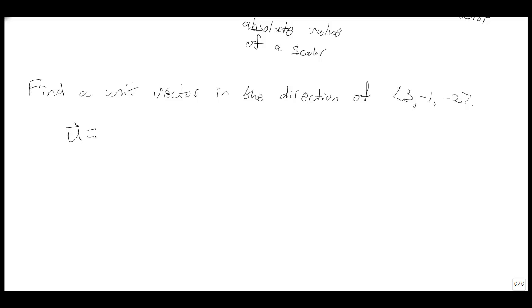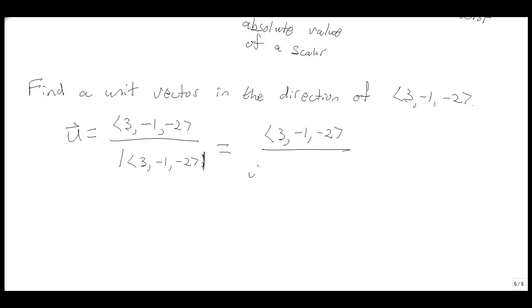I'm going to take my original vector, which I can think of as a v, though I really need to name it. I'm going to take my vector 3, negative 1, negative 2 and divide by the magnitude of 3, negative 1, negative 2. So this is 3, negative 1, negative 2 divided by the square root of 3 squared plus negative 1 squared plus negative 2 squared.